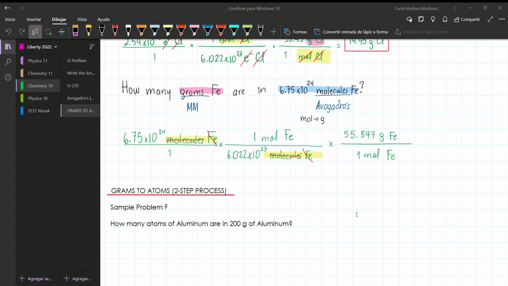I get rid of moles with moles and iron with iron, and in the end I have how many? 625.98 grams of iron.